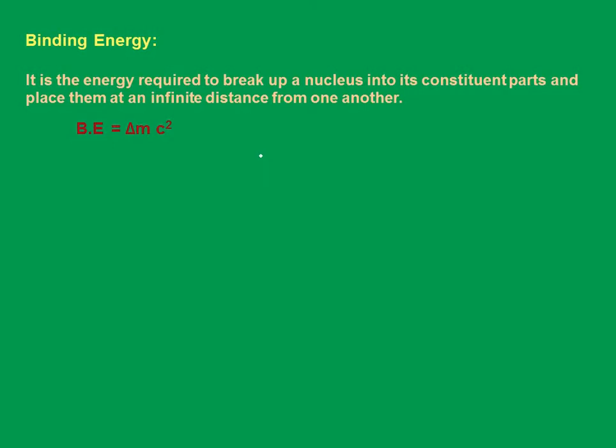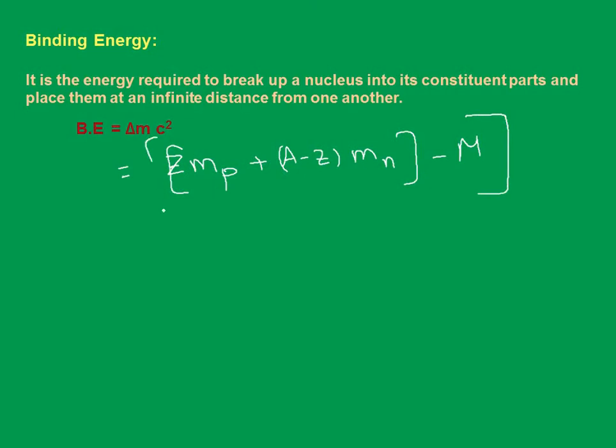Now if you want to write down the binding energy, delta m we have already calculated. What was it? Z into mp plus (A minus Z) into mn, minus m, the mass of the atom, or the particular nucleus, into c square.